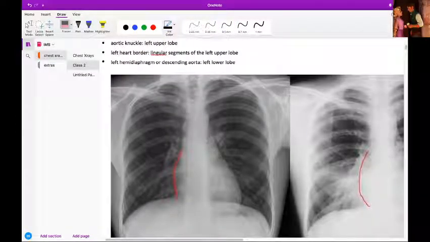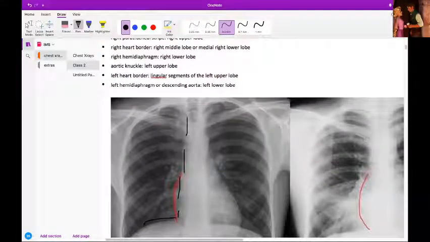Based on which part of the silhouette is obliterated, you can figure out which part of the lung is affected. This is called the right paratracheal stripe. If this silhouette is obliterated, then the lesion is located in the right upper lobe.